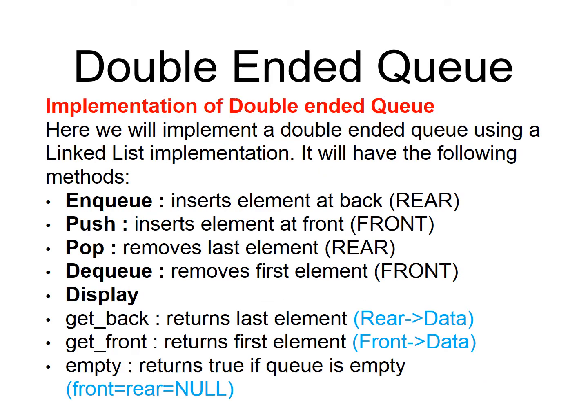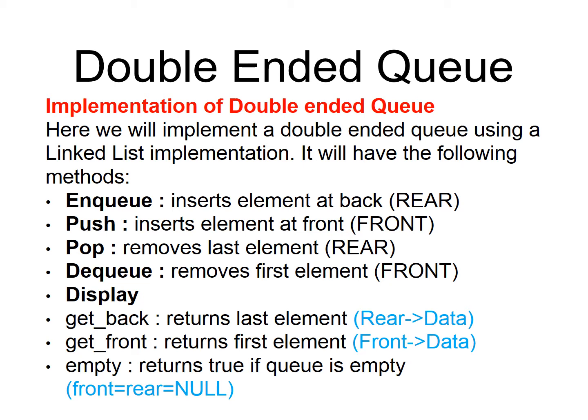So we are going to implement DQ, which is otherwise called double-ended queue, using linked list implementation. So what are the basic operations that are available in DQ? We have NQ operation, which inserts the element at the rear end, DQ operation, which removes the element from the front end, push, which inserts the element at the front end, pop, which removes the element from the rear end.